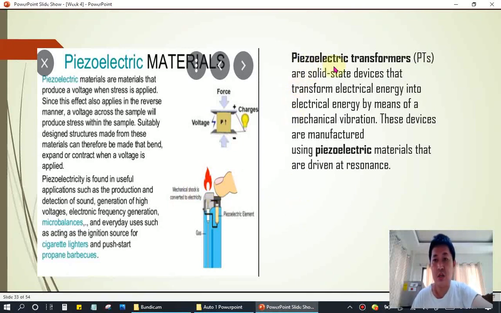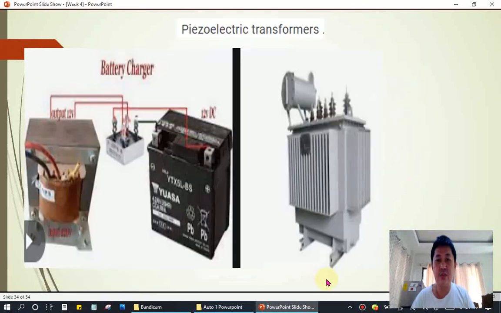A piezoelectric transformer is a solid state device that transforms electrical energy into electrical energy by means of a mechanical vibration. These devices are manufactured using piezoelectric materials that are driven at resonance. So here, as you can see, you have the transformer. This is one example of the application of the piezoelectric, called the piezoelectric transformer.